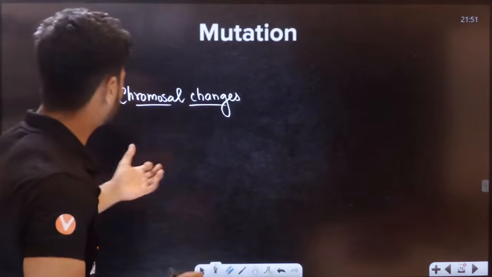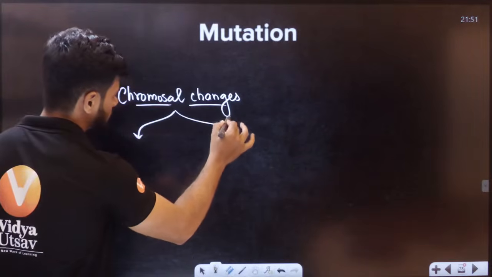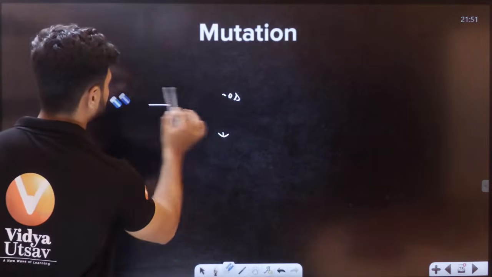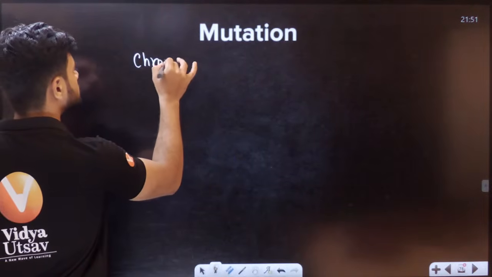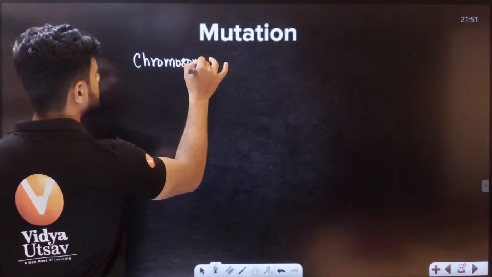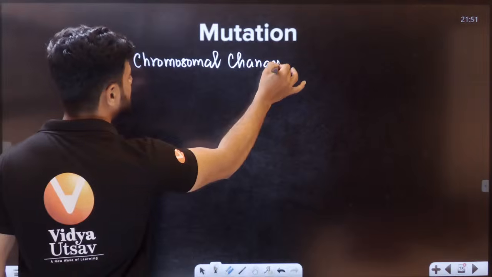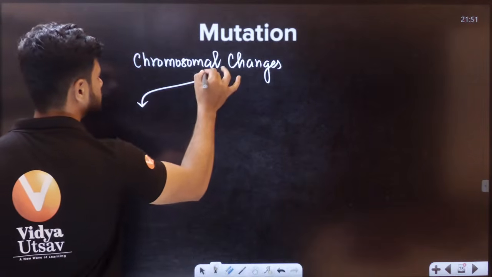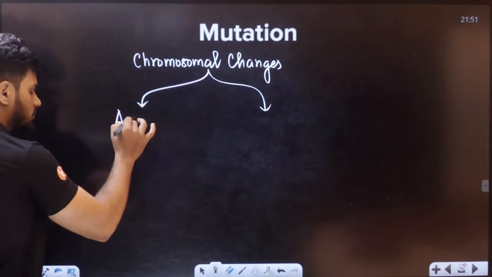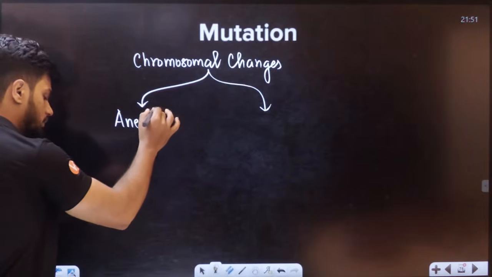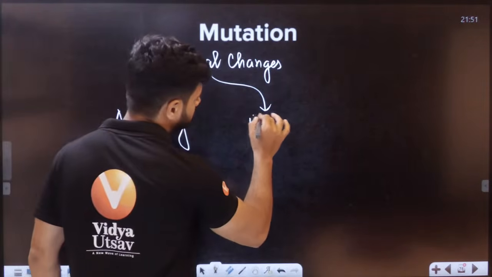In chromosomal changes, broadly speaking, we have two categories. One is called aneuploidy. One is called euploidy.